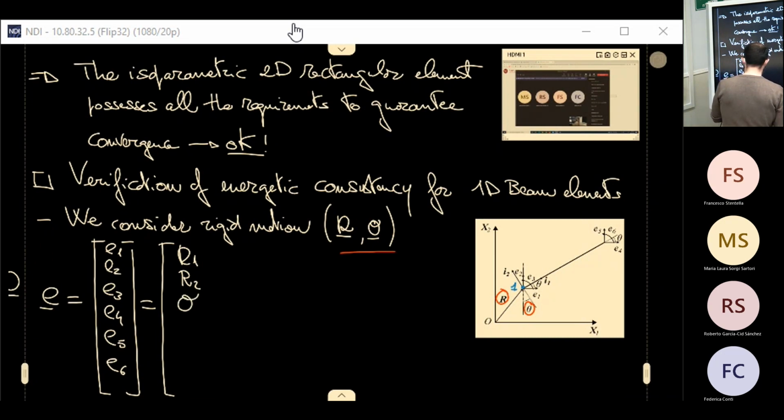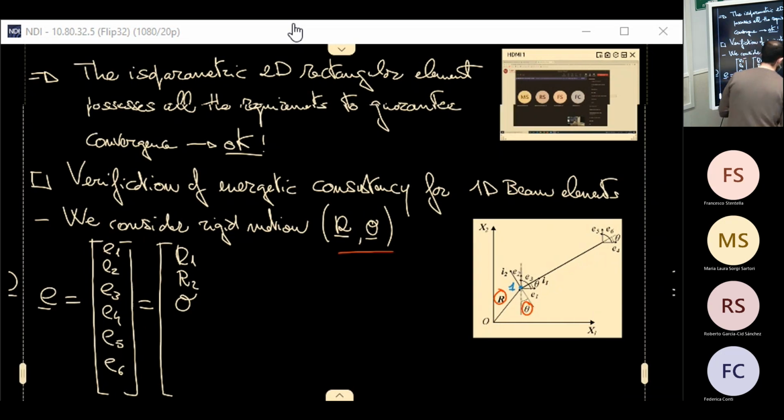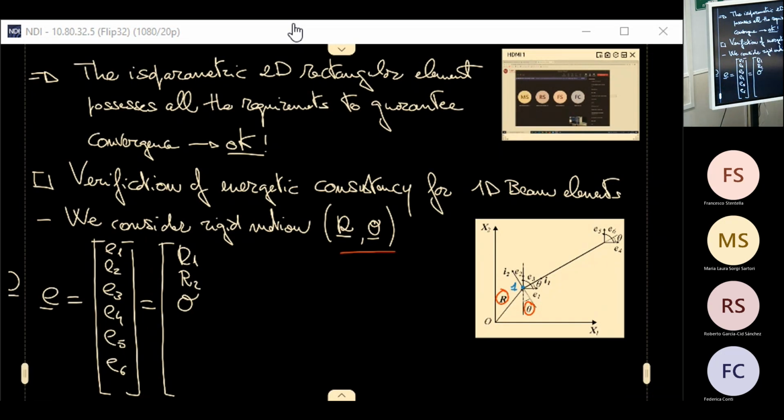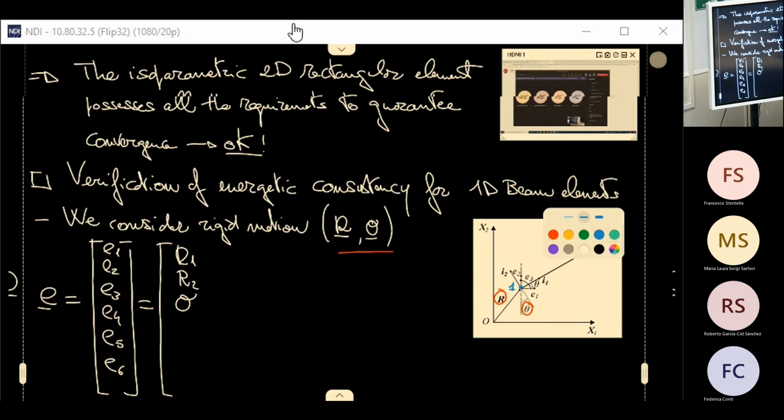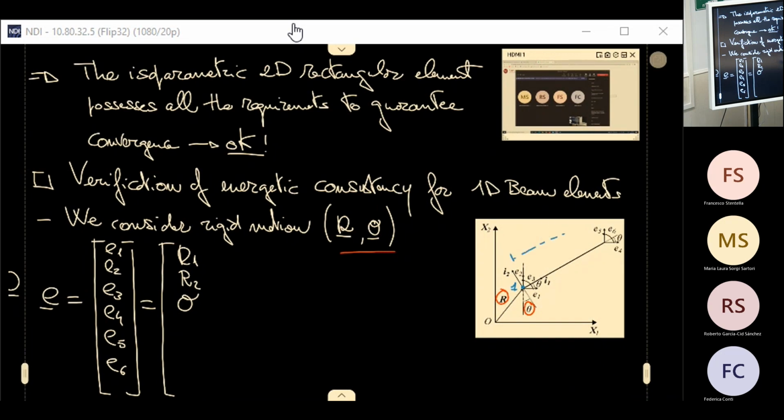Very well. Now, just a second, because I'm seeing here there is a mistake, maybe. Okay, no. So just remember that here the length is L of the element.